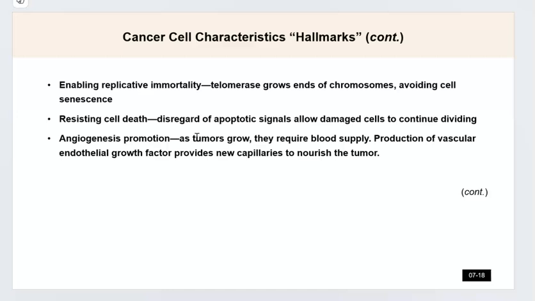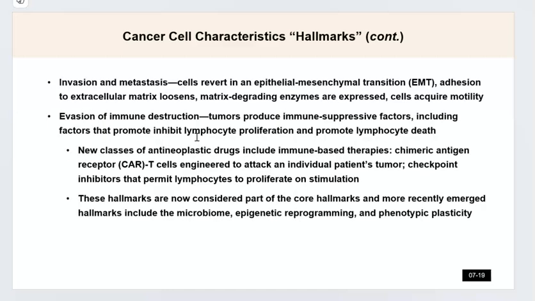The next one is cancer cells have figured out how to promote their own blood vessel creation. So as the tumors grow, they require blood supply. And as they have this increased production of the vascular endothelial growth factor, they're going to continue to make new capillaries, and they just increase the blood flow to the tumors. Next, what can cancer cells do?